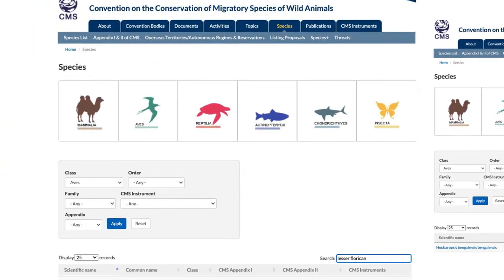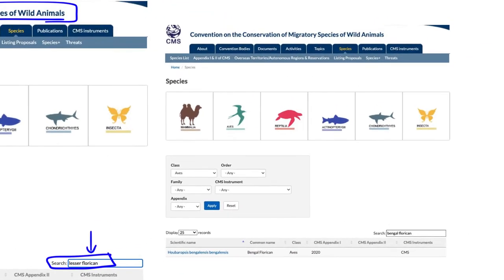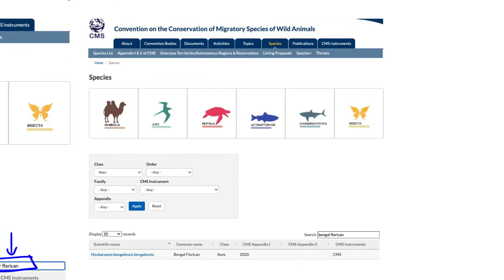Now we come to the Convention on Migratory Species, the CMS, and you can see my search. I searched for Lesser Florican and it did not display any entries. There are no entries under CMS with the name Lesser Florican. I've checked even with the scientific name, it's not given. Compared to this, under CMS, I checked for Bengal Florican and we have an entry.